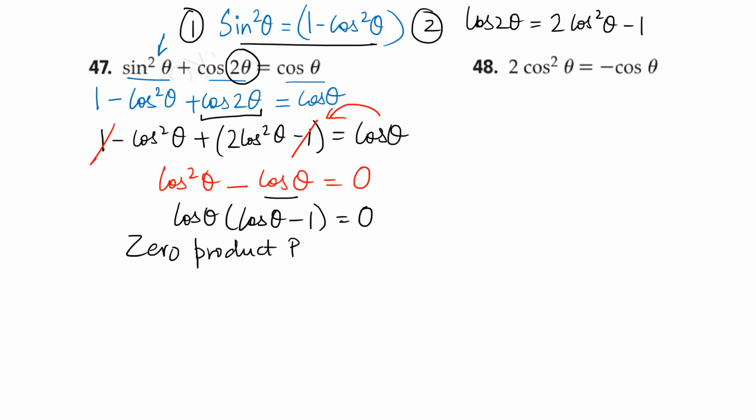What does that say? I've taught you many times, but quickly I will repeat. If the multiplication of two things is equal to 0, that's your zero product property, then each of them is 0. So can I say the first one, cos theta, is 0, and the second term, cos theta minus 1, is also 0. So let's get our theta from here.